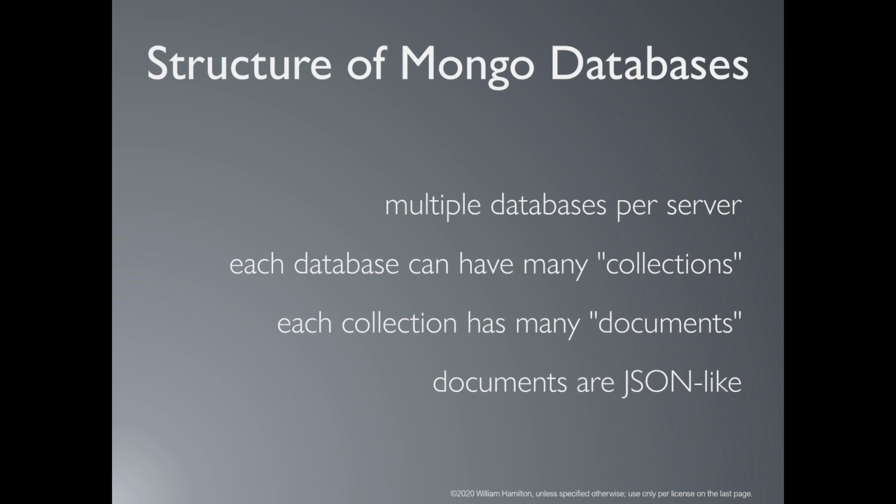And then each of those documents is JSON-like. And so typically whenever you run a query like you would with SQL or something like that, it's done on a collection. And so you typically look for documents or add documents to collections and run queries and different types of things on a single collection.